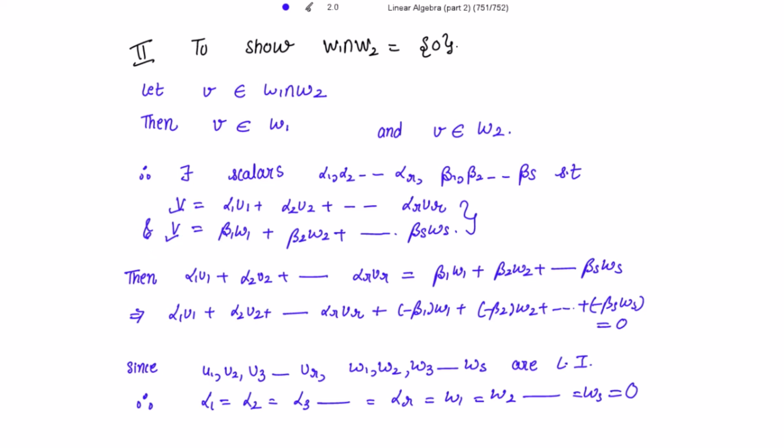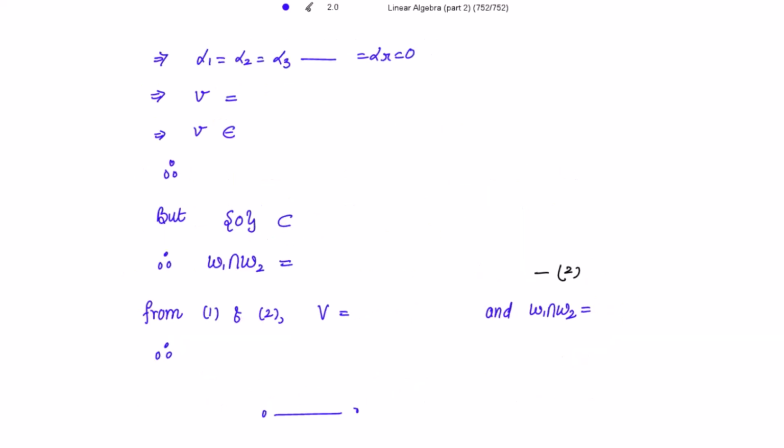We just need to say that V is 0 because the scalars are 0. So let me mark this as star, from whichever way. From the star we say that V is equal to 0, which means V belongs to the 0 element, right? From where have we taken V? From the intersection of the subspaces.